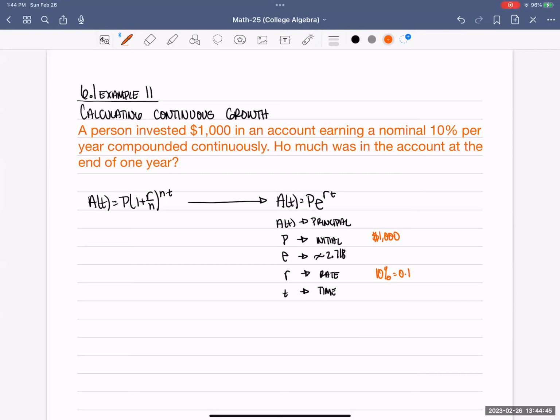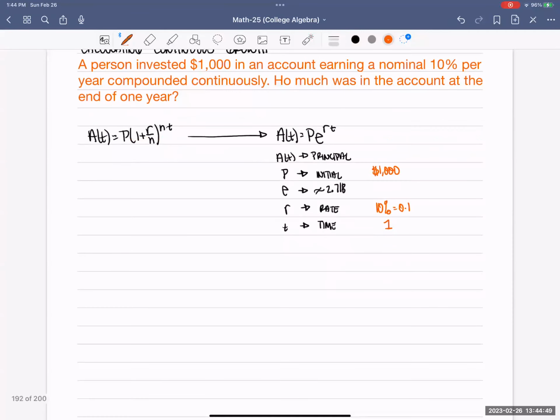And how much will be in the account after 1 year? Let's see how much we end up with after 1 year. A of T is equal to 1,000 times E raised to the 0.1 times T.